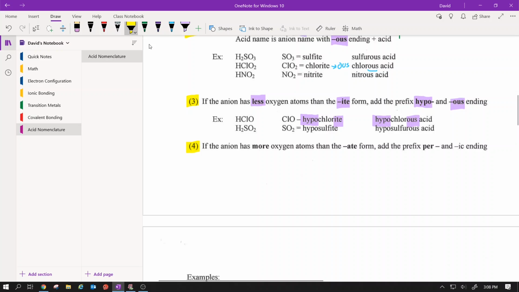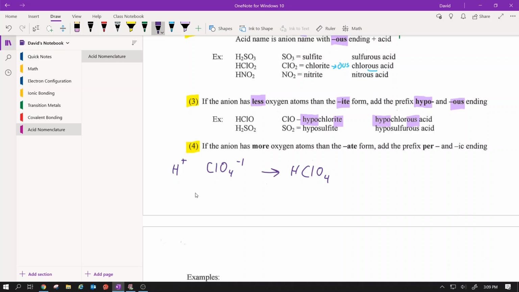Again, let's go with some examples. If I have a ClO4 with a -1 charge, and I would like to bond that with some H plus, I will get an HClO4.